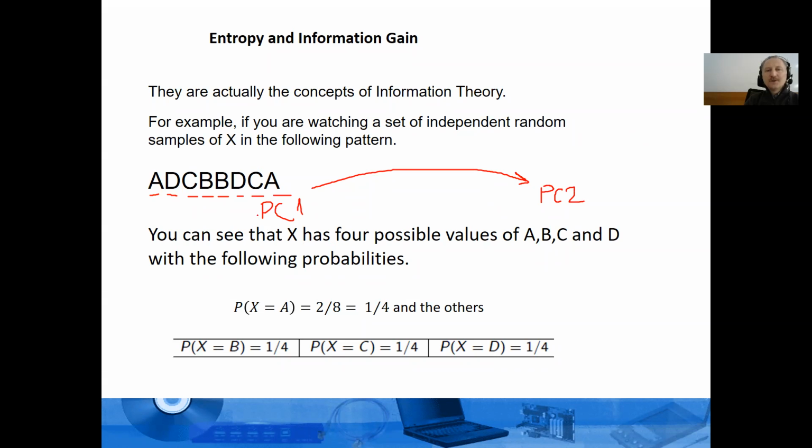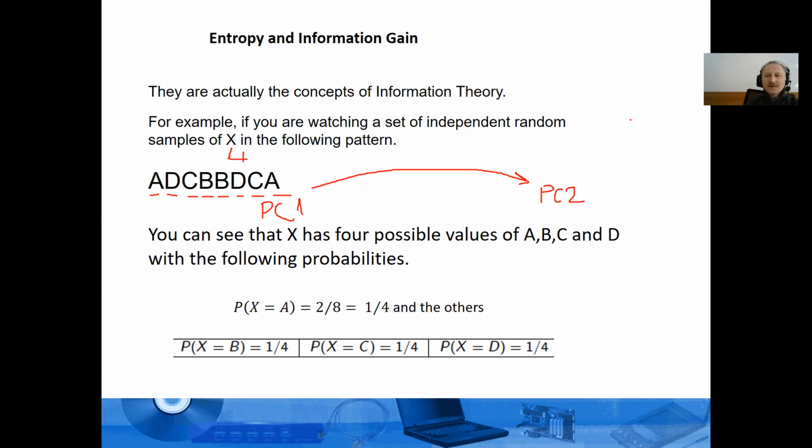So how many bits do you need? If you want to transfer this knowledge, you need to code it. How many different letters do we have? A, B, C, D, 4 different letters.